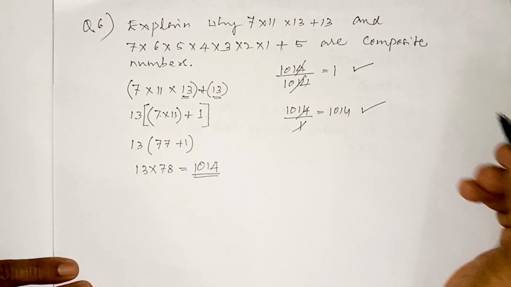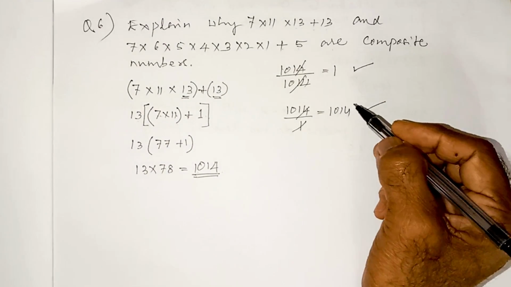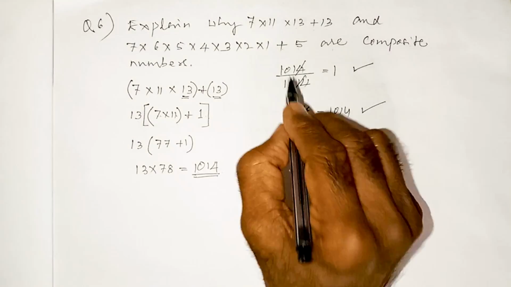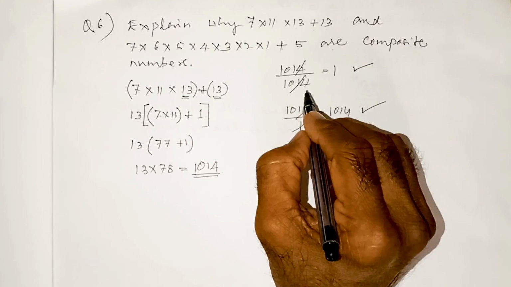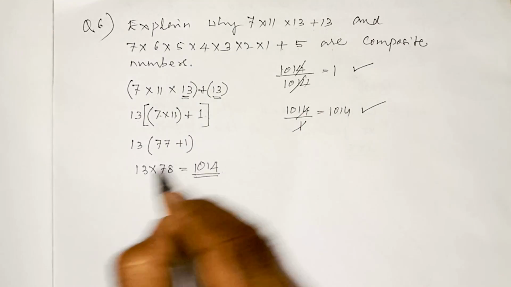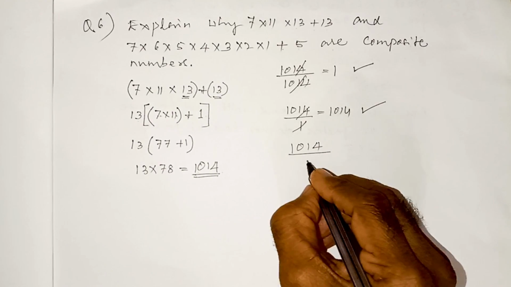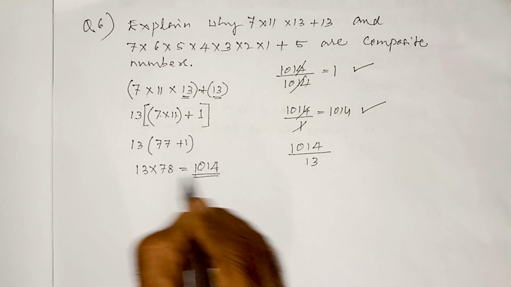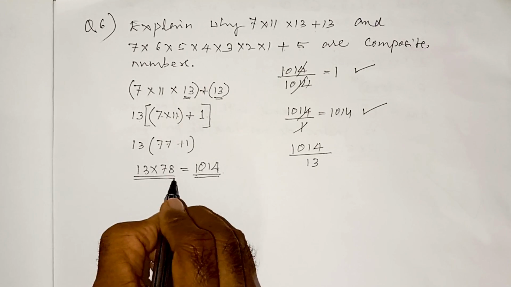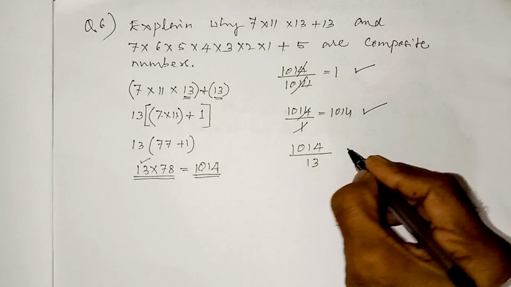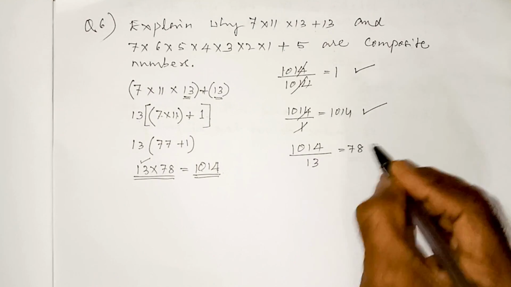This is second. If a number does not get any divisor further, then this number cannot be a composite number. But in this case, you have 1014, you can divide by 13 because 1014 has two factors. You can divide by 13, you get 78.